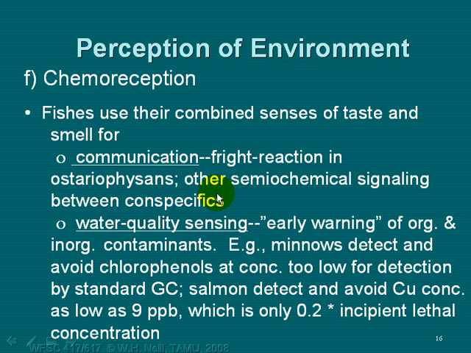Salmon can detect and avoid copper as low as 9 parts per billion, which is only 2/10 of the incipient lethal level. So that's good. You wouldn't want to detect what was 2 times the lethal level. You'd already be dead. So it's nice to be able to detect something that's sublethal.